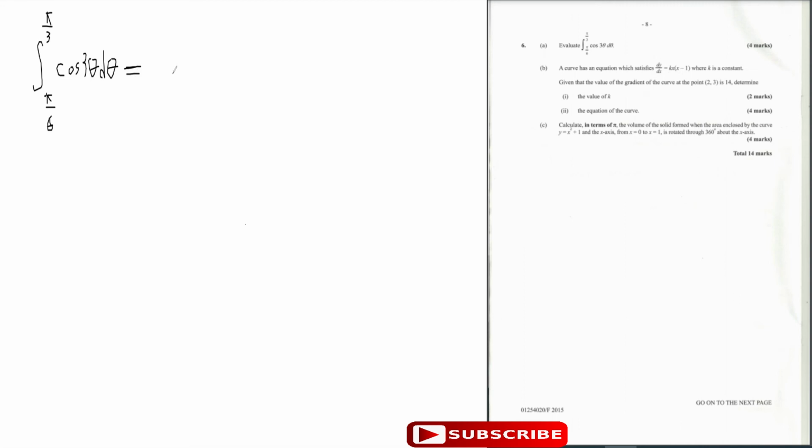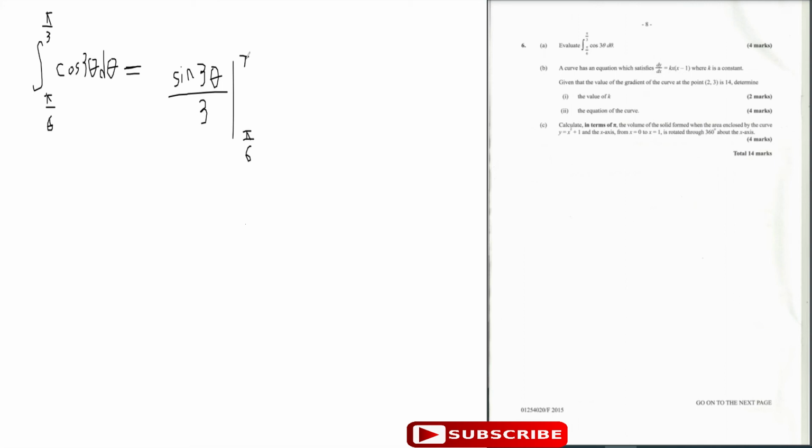Now to integrate cos, when you integrate cos you get sine. So integrating cos 3 theta, you get sine 3 theta, then you divide it by the derivative of 3 theta, which is 3. And we're integrating from pi by 6 to pi by 3.